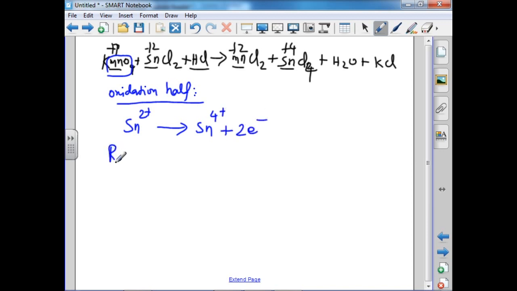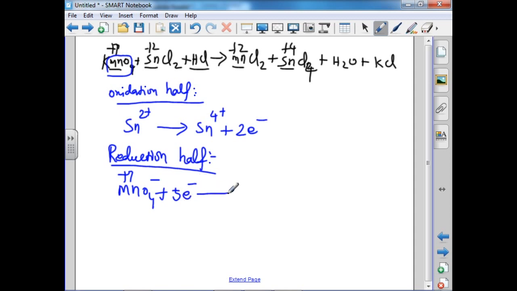The next one is the reduction half. MnO4- is reduced to Mn2+. So MnO4- gains 5 electrons and gives Mn2+.